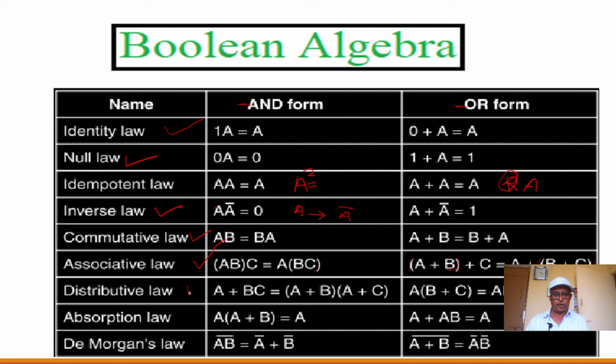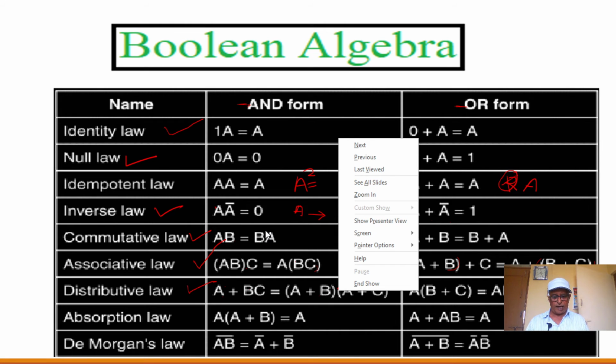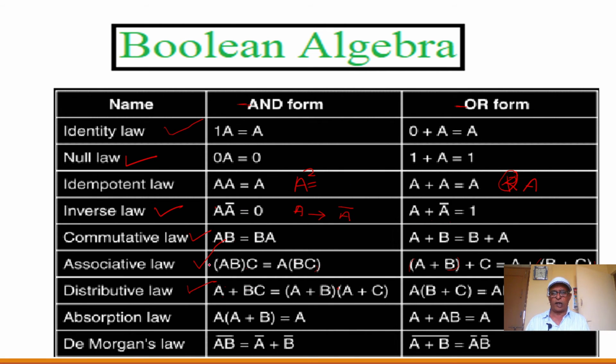Now in this distributive law, A is added with the combination of B and C. Means we can take separate addition of A with B and A with C. So combination of A with B and A with C, and then we do here multiplication, that is ANDing. Now distributive law in the OR gate we can write as A in this case and bracket B plus C. So we have to multiply A by B and multiply A by C, and then we have to add.